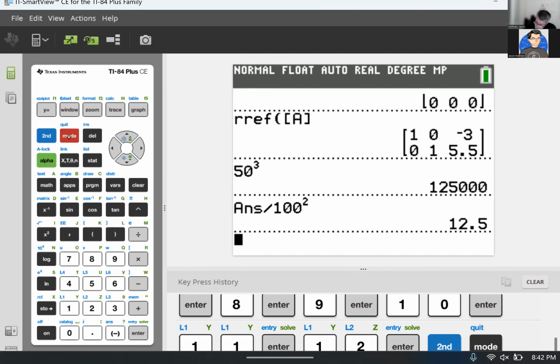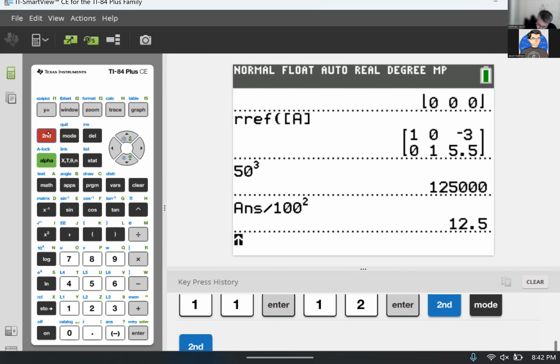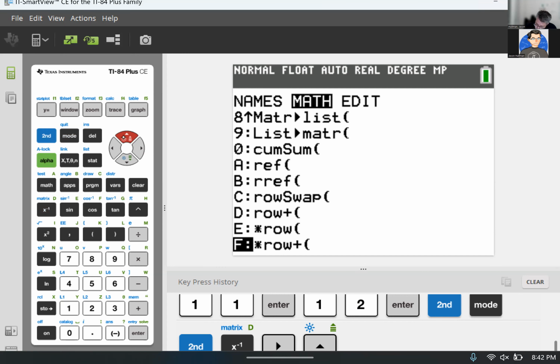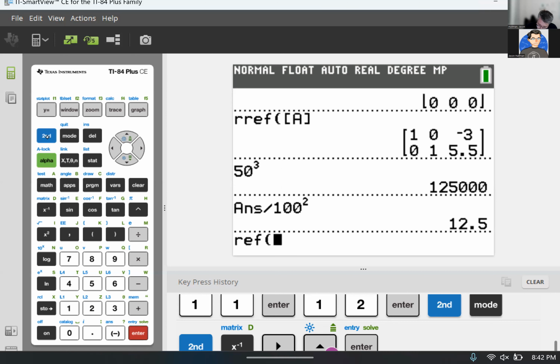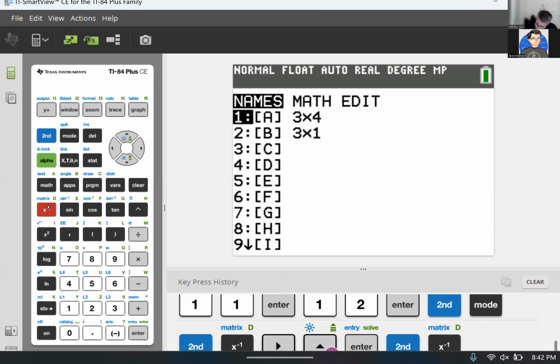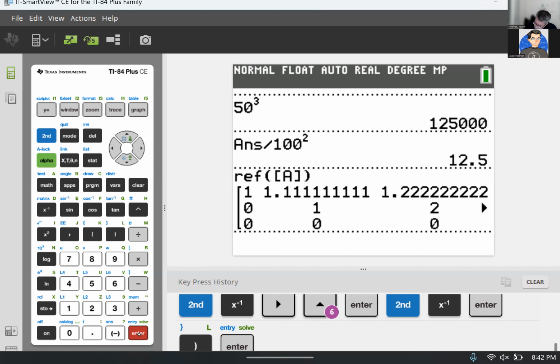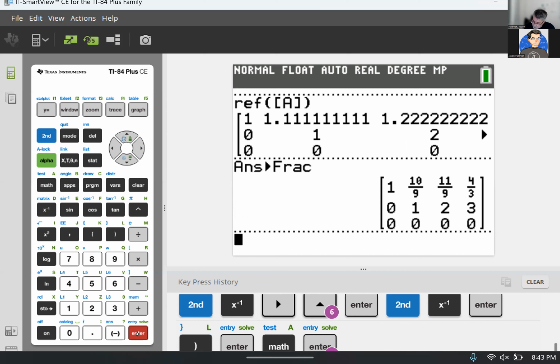Second quit. And I want to REF this. Matrix, math, I'm going to arrow up until I hit REF, row echelon form, that's letter A. Then I need to call up matrix A. I'm going to get some decimals there, so I want to change that to a fraction, so I can go math to fraction, and it gives me that nice matrix.